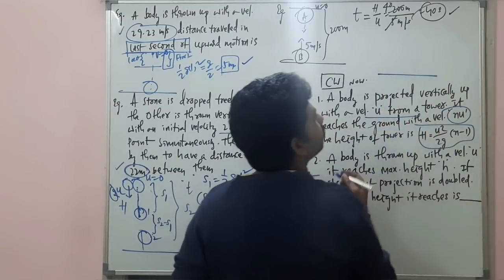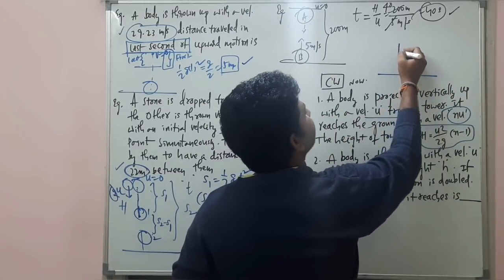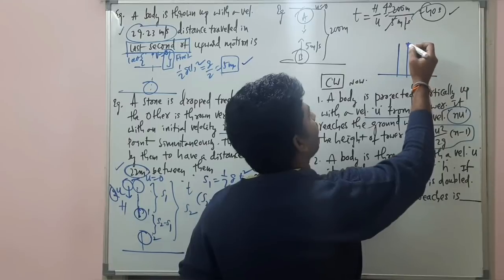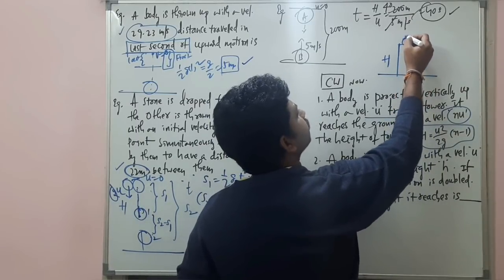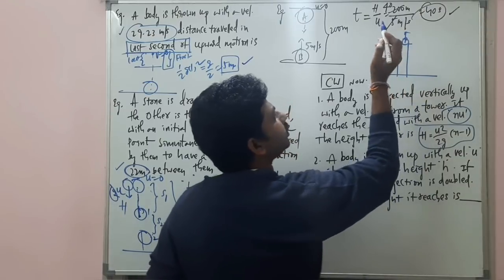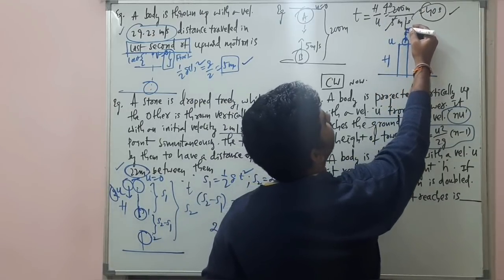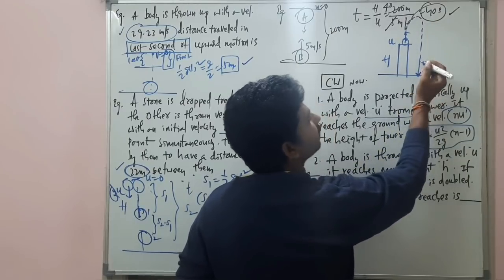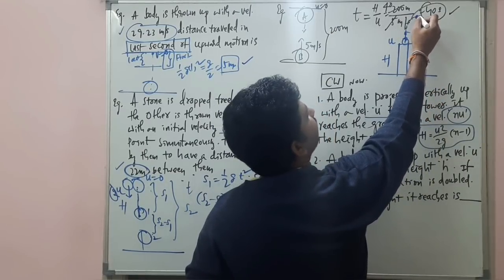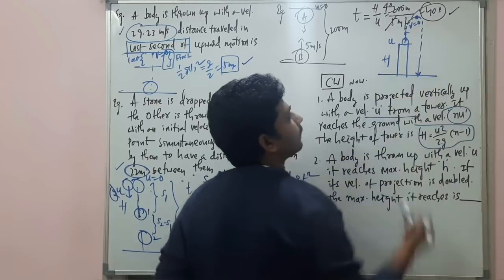So this is the ground. There is a tower of height h. From here, the body is thrown up with some initial velocity u. So when you throw this, what happens? It reaches the maximum height and comes back to the ground. Carefully see. This is the maximum height where final velocity is 0.